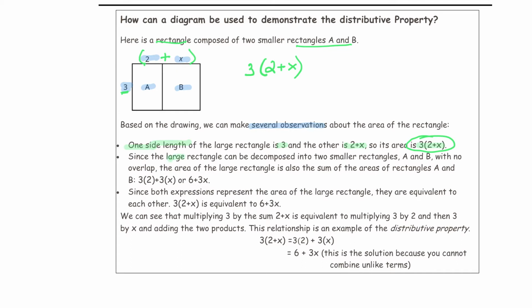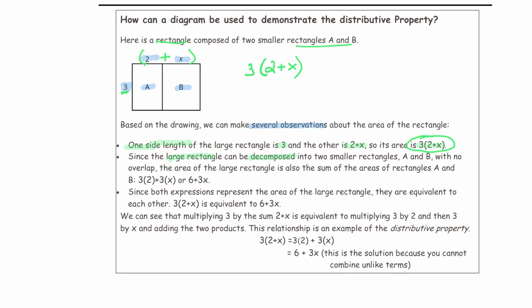Since the large rectangle can be decomposed, what does decomposed mean? Decomposed means to break down. You may be hearing that a lot more in 7th grade or even in science. When something is decomposed, it is broken down.